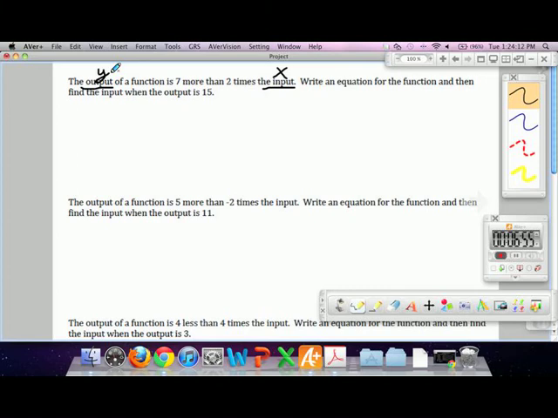So the output of a function, or y, is 7 more than twice the input. That sentence would be the equation. Then it asks, what is the input when the output is 15? Or what is x when y is 15?